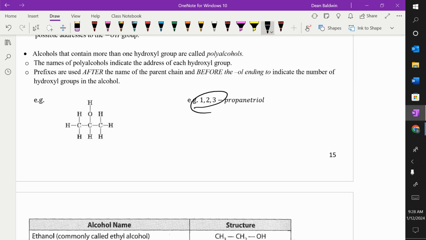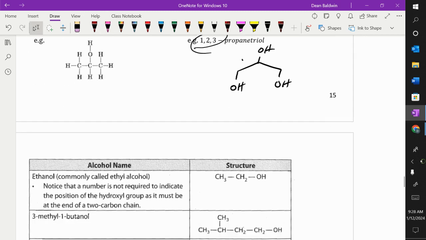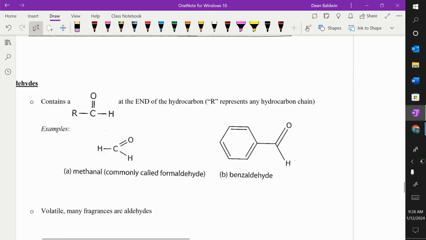Propane means there's 3 carbons, so if we do the skeleton method, that's carbon 1, 2, 3. So that's the propane, and on carbons 1, 2, 3 you have OH groups. So there's your alcohol. All right. We don't need to worry about that.